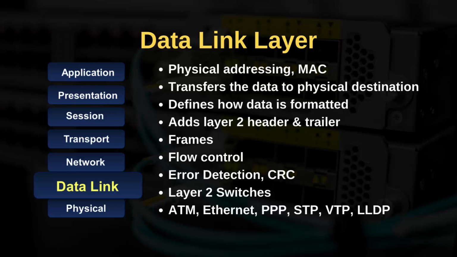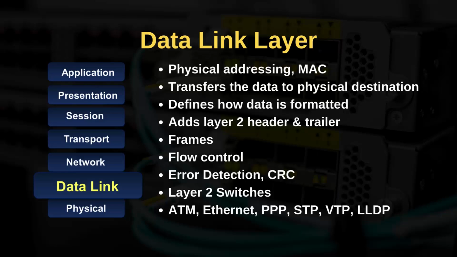When we add a layer 2 header and trailer to data, then it becomes a frame. In this layer, there is also flow control, error detection, and CRC. Here, the data link layer provides error-free transfer of different categories of data frames. It detects physical layer errors and corrects them in this layer.